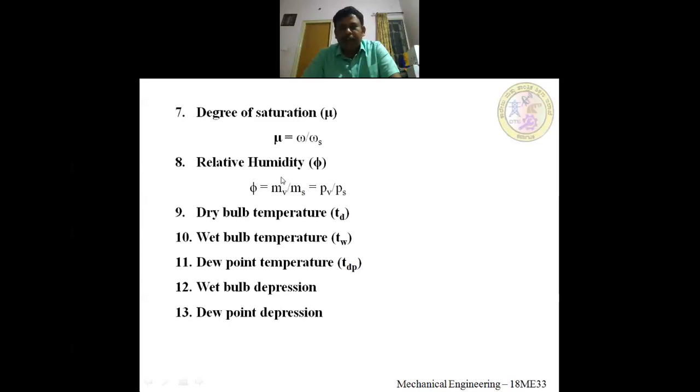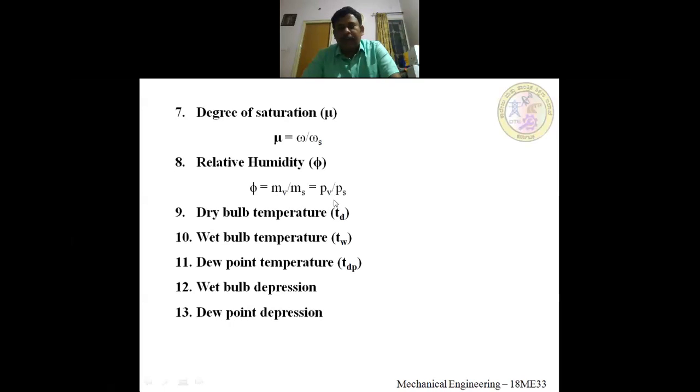Next, relative humidity, represented by the symbol phi. It is defined as the ratio of mass of water vapor in the unsaturated air to the mass of water vapor in the saturated air, both at the same temperature. That is, unsaturated air and saturated air are both at the same temperature.